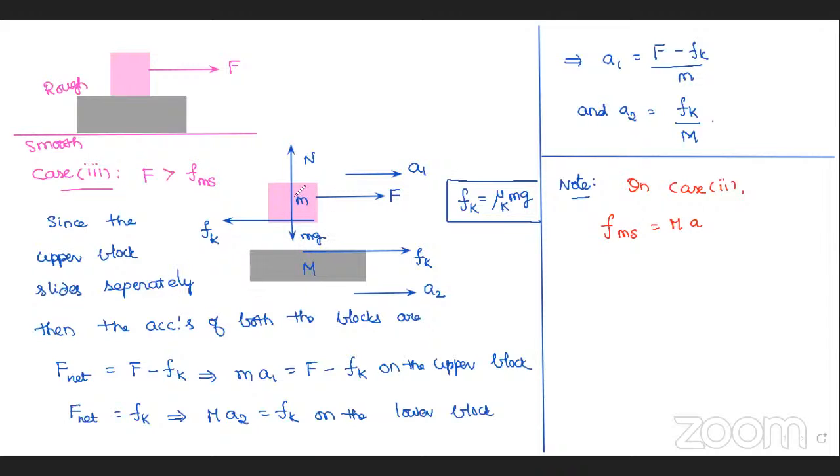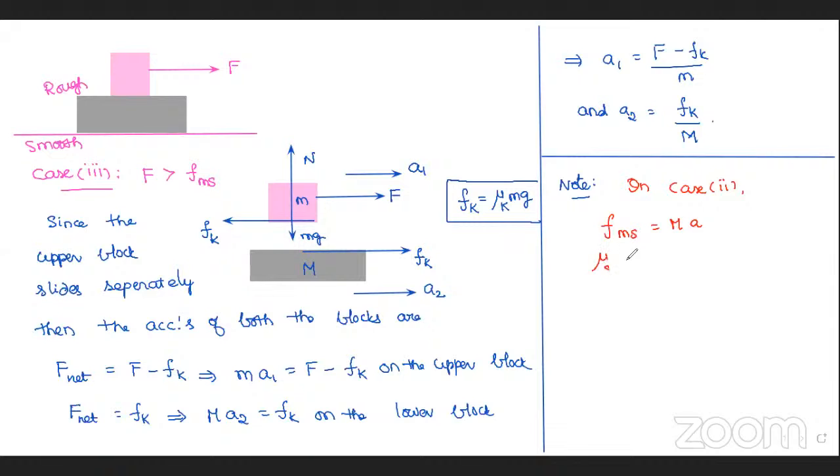That is with respect to the lower block, Nana, not with respect to the ground, Nana. Am I right? Right. FMS is equal to M into A.